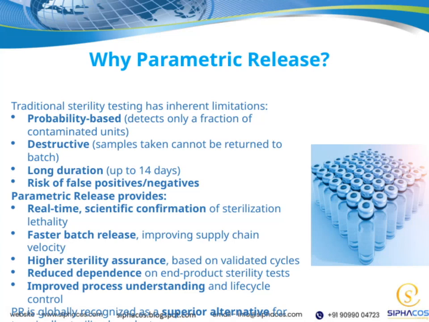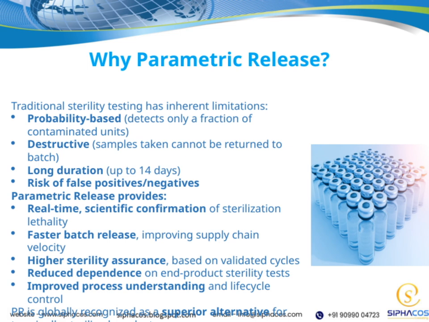Traditional sterility testing has some inherent limitations that we should be aware of. For starters, it's probability-based, which means it only detects a fraction of contaminated units, so there's always a chance some contamination could be missed. It's also destructive, meaning that the samples we take can't be returned to the batch, potentially wasting product and resources.